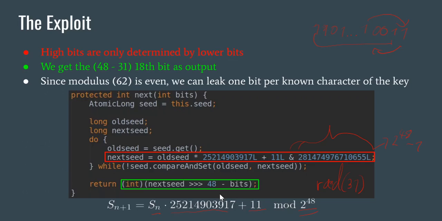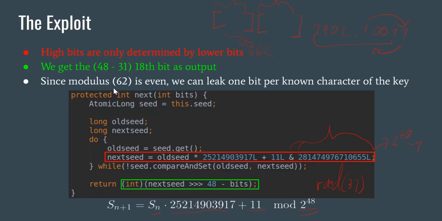So the highest 31 bits, these here, are taken modulo 62, and with this resulting number, we get the offset of the character that we use for the API key.